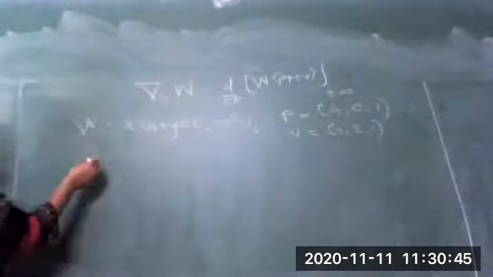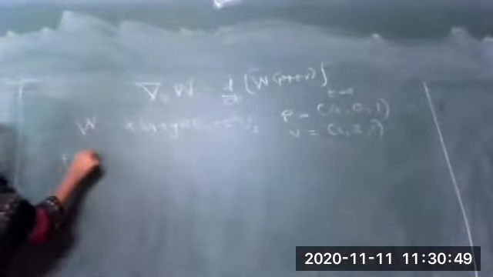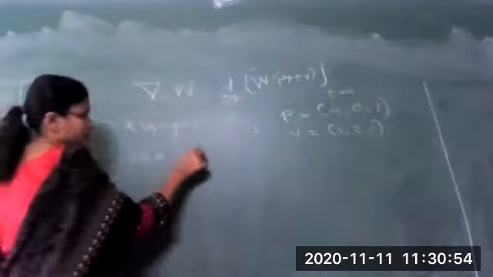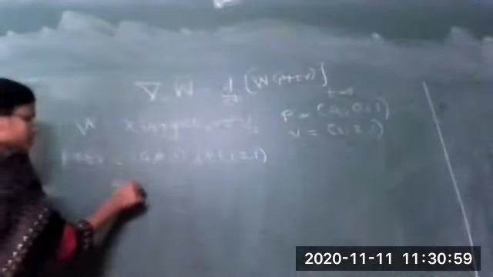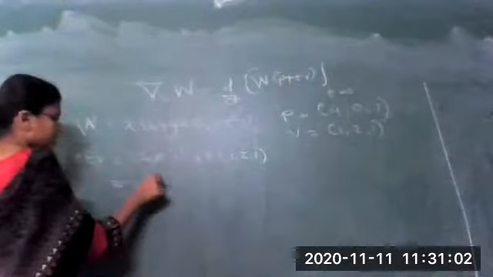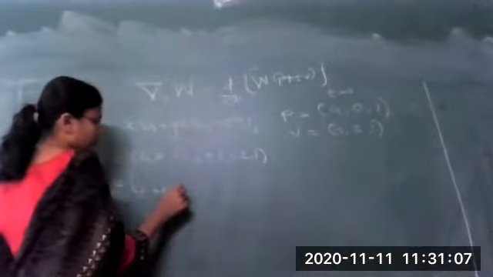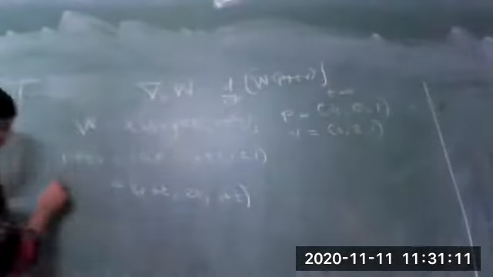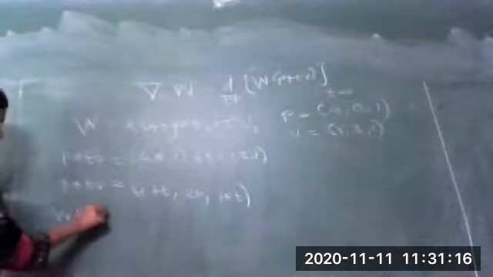Now we have to first find P plus TV, just like the directional derivative examples we have solved. P plus TV is equal to (4, 0, 1) plus T times (1, 2, 1), which is equal to (4 plus T, 0 plus 2T, 1 plus T). So this is P plus TV. What will be W of P plus TV?